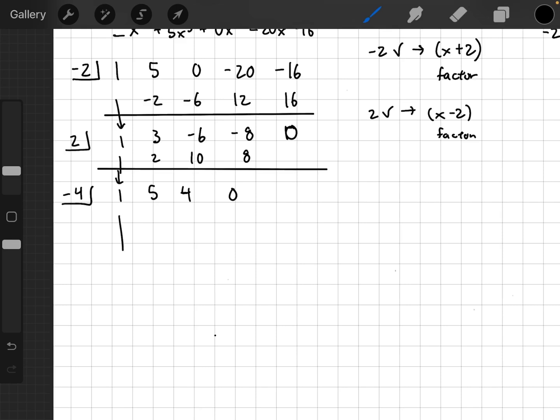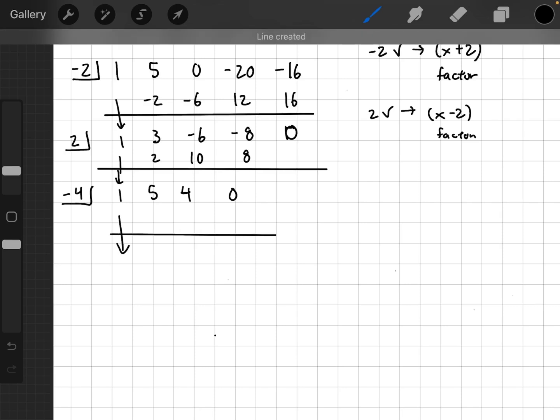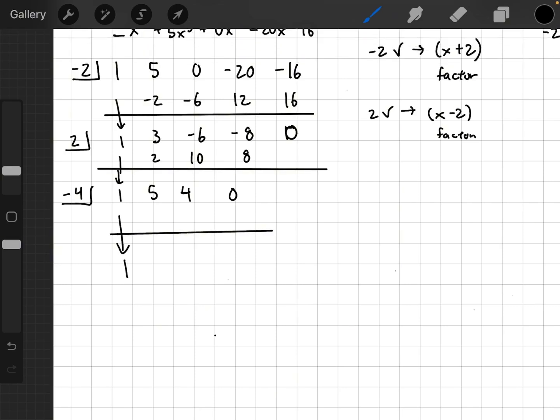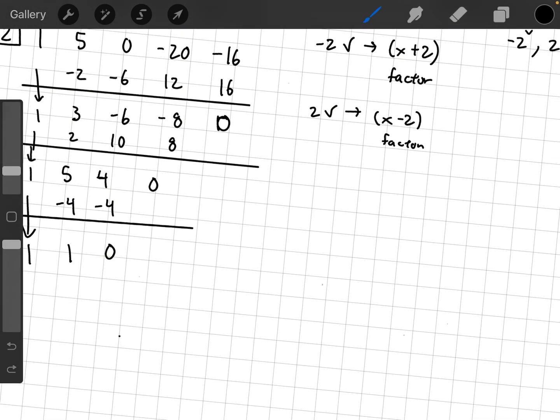Bring the first term down, 1. 1 times the root, negative 4, is equal to 0. So we have another 0, which is another factor. So negative 4 worked. So now we know that x plus 4 is a factor of this expression.